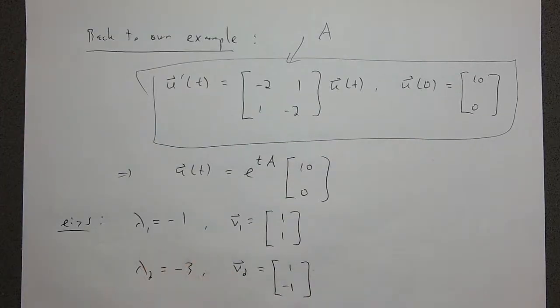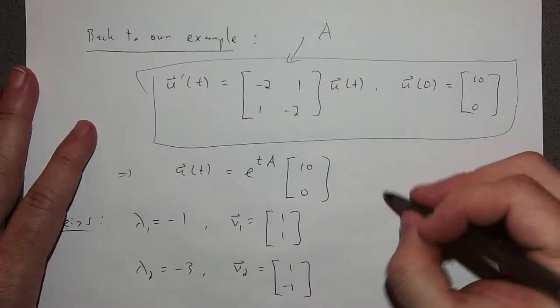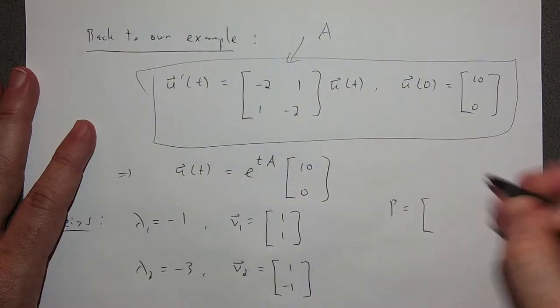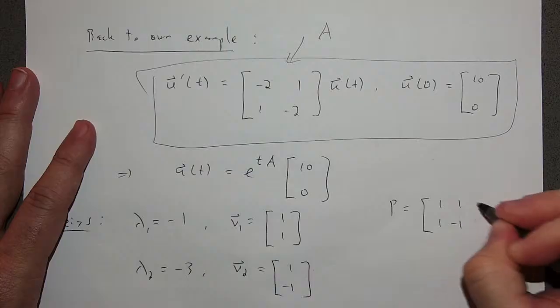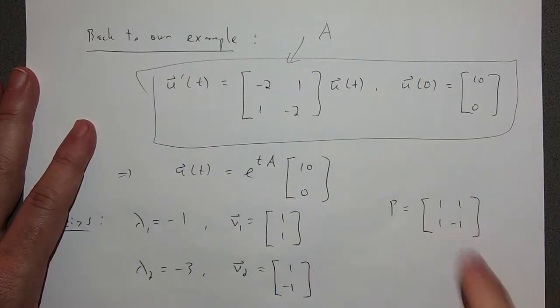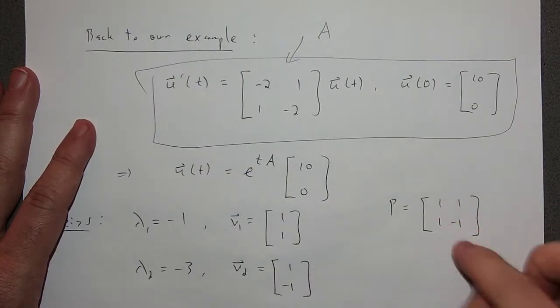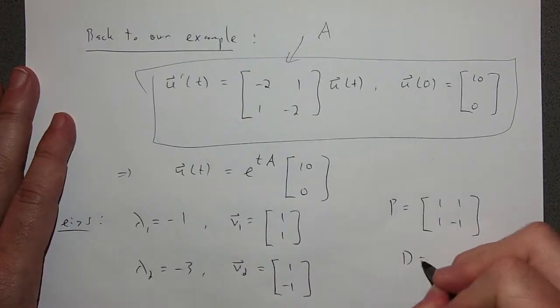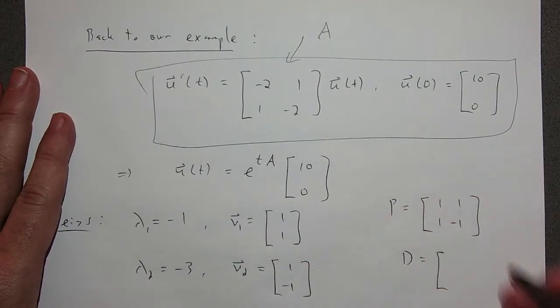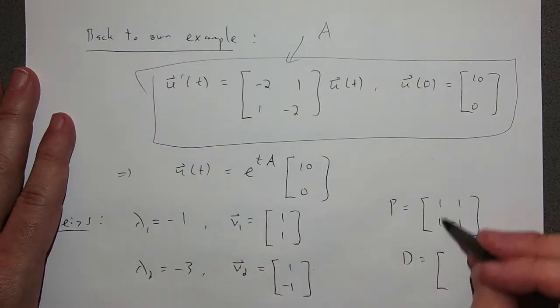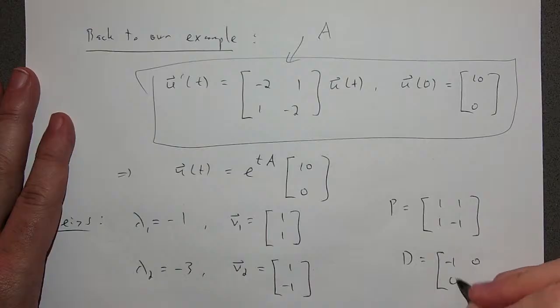I have two distinct eigenvalues, so necessarily I have two linearly independent eigenvectors, so that P is the matrix that contains those eigenvectors as its columns. If I'm choosing that as my order for the columns, then for D I have to choose the eigenvalues to go in the right order to match this P. You can do it either way. Since I put 1, 1 here, D would be minus 1, 0, 0, minus 3.